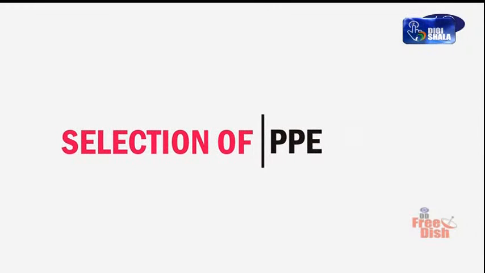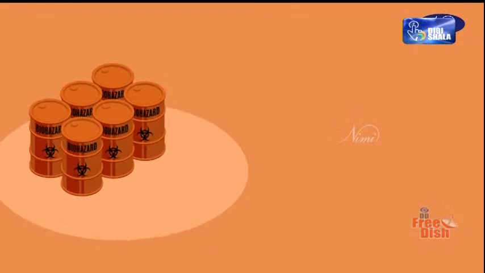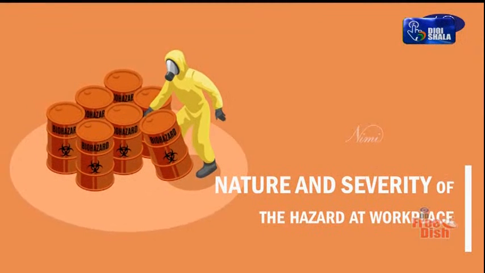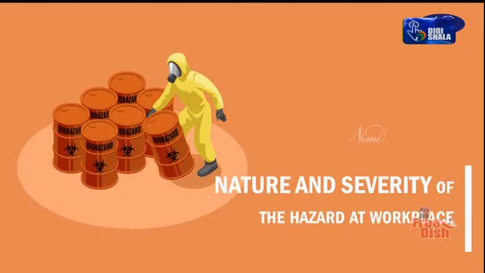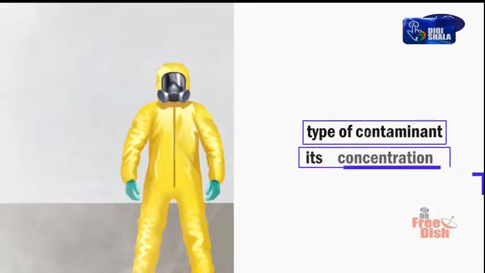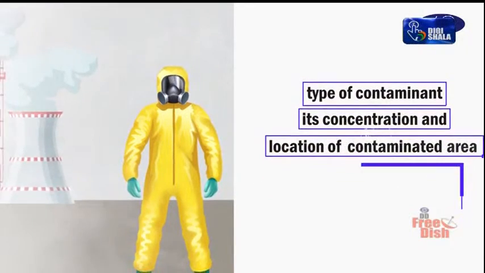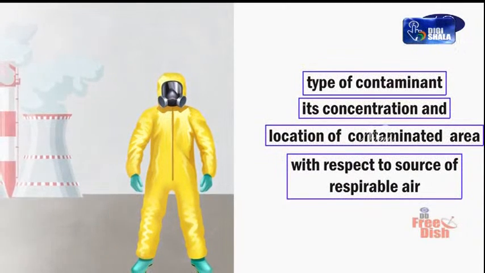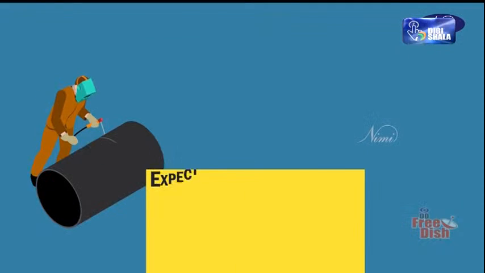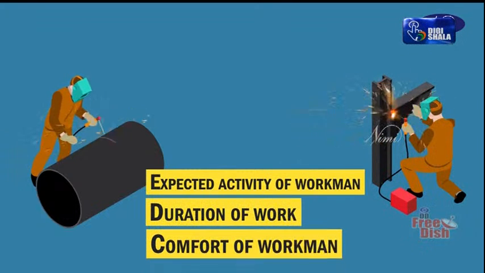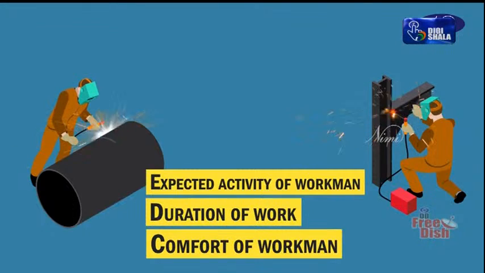Now, what we are going to see is the selection of PPE. The selection of PPE depends upon the nature and severity of the hazards at workplaces, type of contaminant, its concentration and location of the contaminated area with respect to the source of respirable air, expected activity of the workman and duration of work, and comfort of the workman when using the PPE.